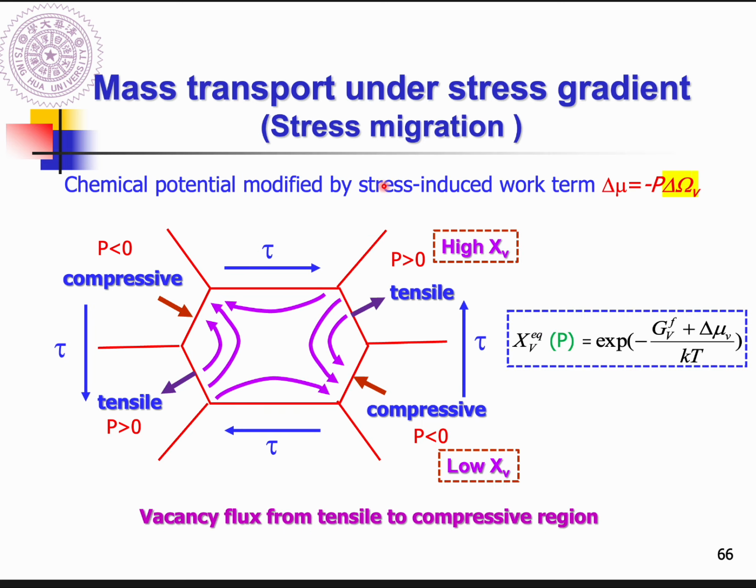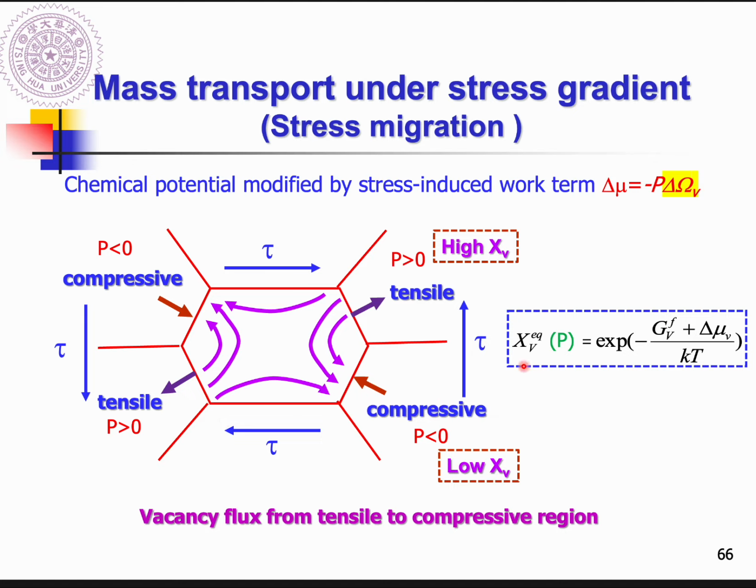But this is the atoms' point of view, right? If you want to switch to the vacancy point of view, we also have a vacancy flux. All the values will be the same as the atomic flux, but the direction will be totally opposite. So the vacancy will move from tensile to compressive. Okay, so you get this kind of flux.